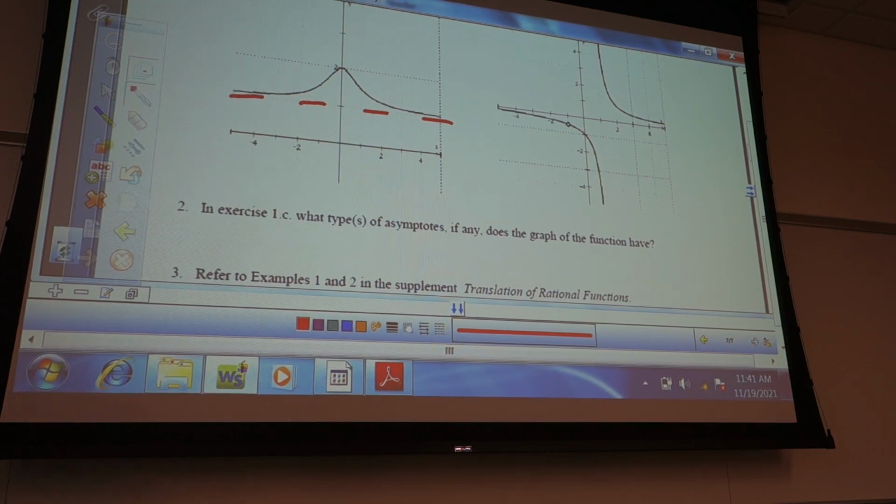The next part is rational function. Skip that. Oh, we did that already last time, didn't we? Okay, we'll go back. This is all one problem.